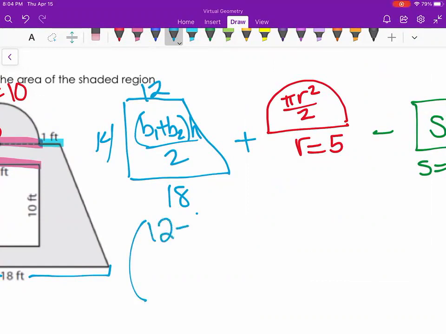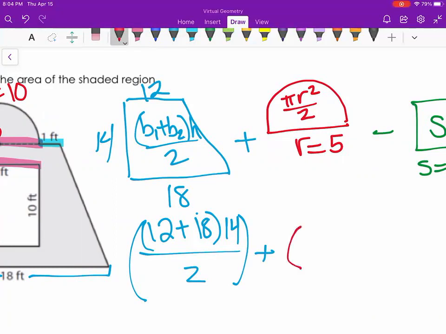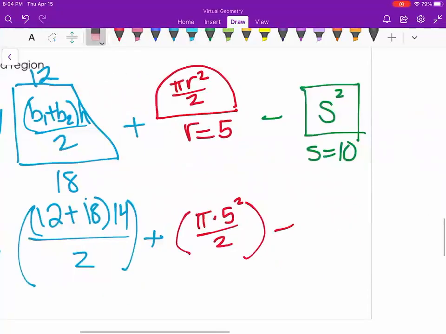So base 1 can be 12, base 2 can be 18, times our height of 14 all over 2. There's our first shape plus our second shape. Now we're going to add the half circle: pi times 5 squared over 2, minus our square. And if my side length is 10, then minus 10 squared.